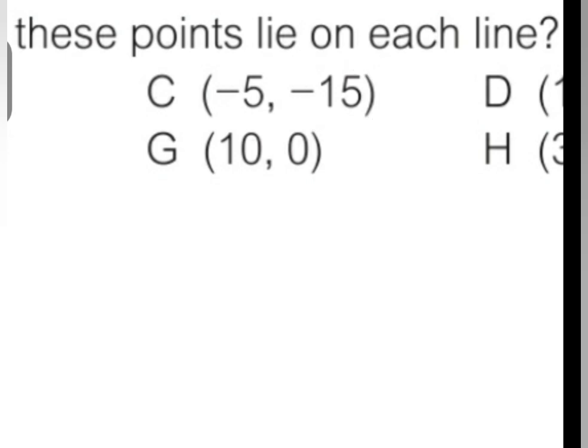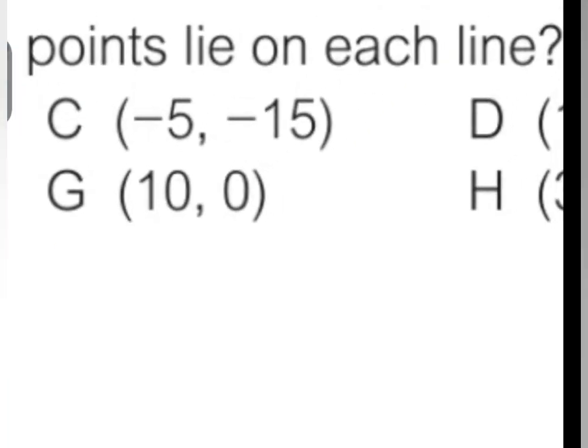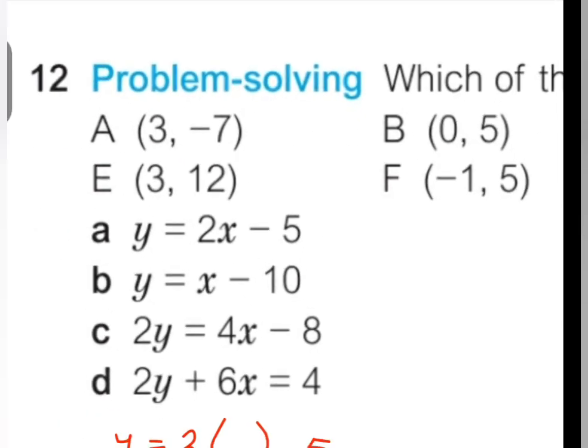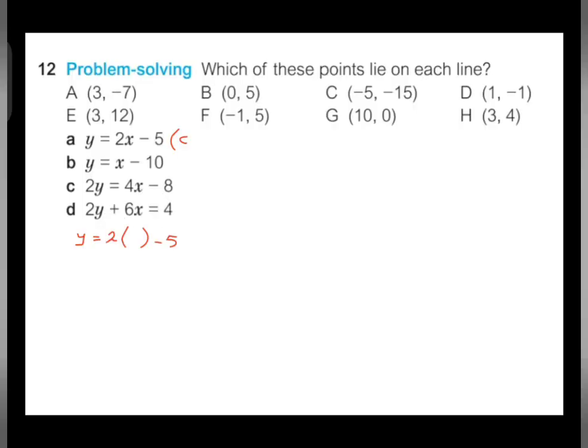So this point fits line A. Very good. So we write A next to it, so we don't forget. Or we put the point in front of the line itself. So line A, we have point C. So we write C here, and we put brackets, so we can put them together.